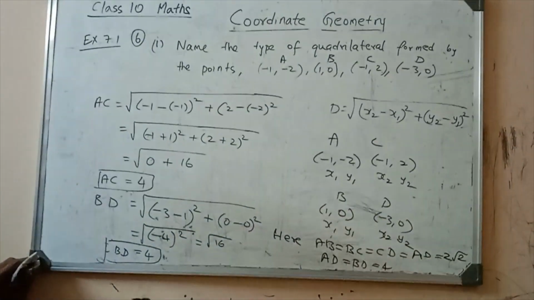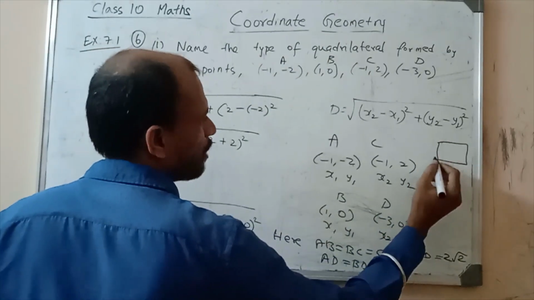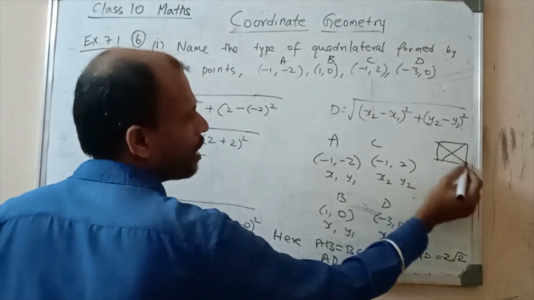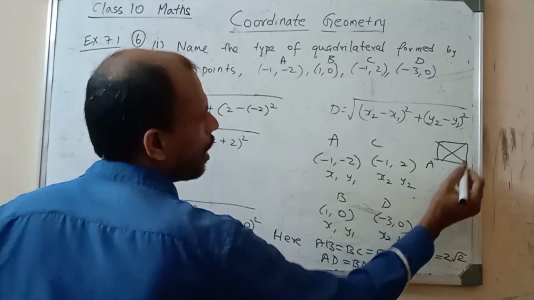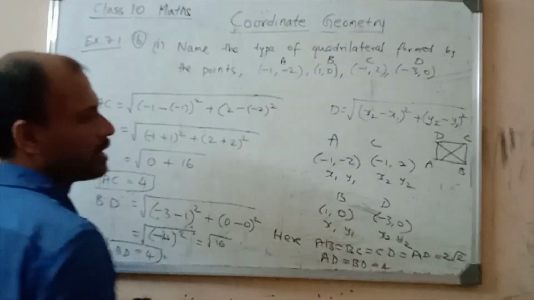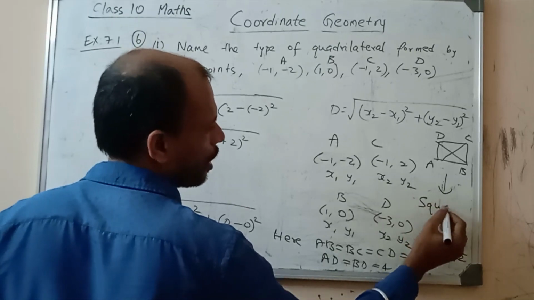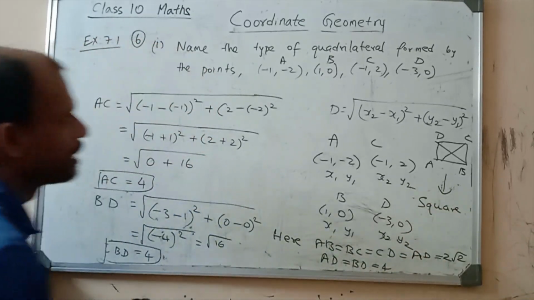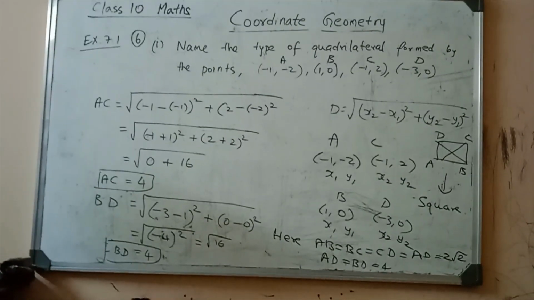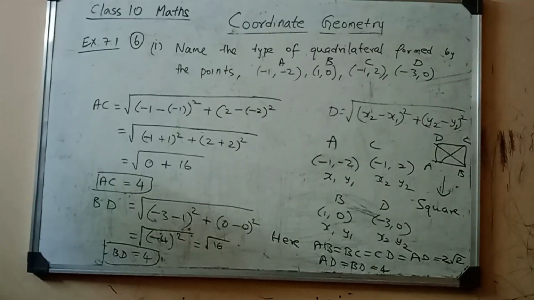So all the 4 sides are equal, and the diagonals also equal. All 4 sides equal and the diagonals equal. Therefore, it is a, what is it? Square. So write the answer: the given points form a square.